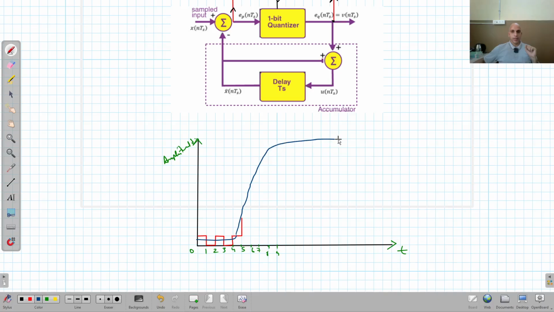In this way we have this x of t, the incoming sampled input, and this is the staircase waveform that we are producing from here, that is coming toward this side, as u n t s, and x bar n of t s is basically u n minus 1 t s. So this is going to be compared with this.